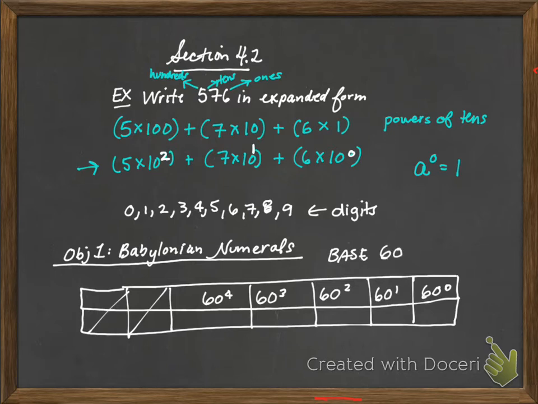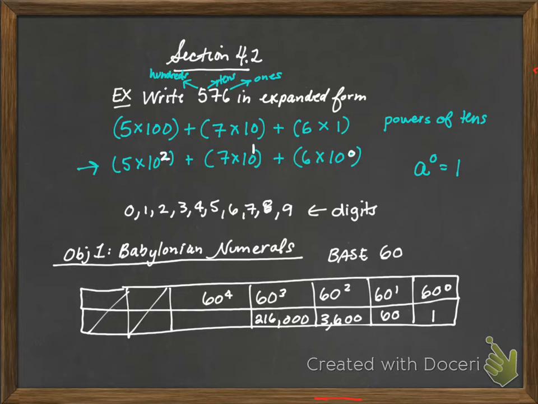Their first position, or the ones position, is going to be 60 to the 0. 60 to the first is the next positional value, so it's actually going to equal 60. 60 squared means 60 times 60, which gives me 3,600. 60 to the third power is 216,000.